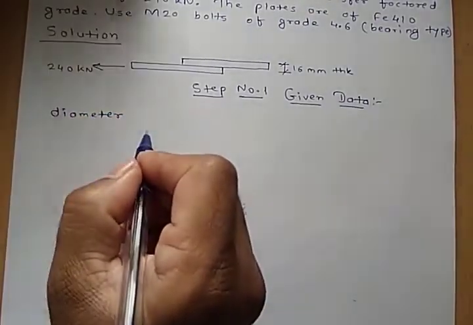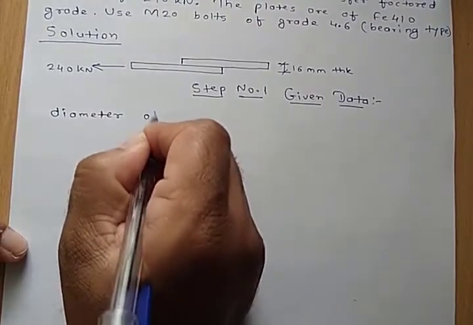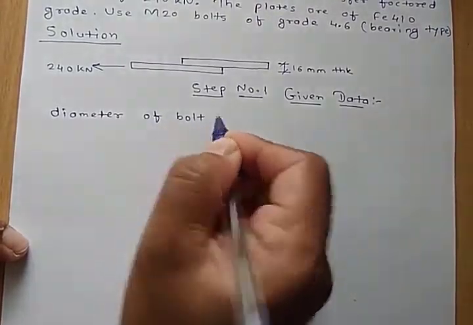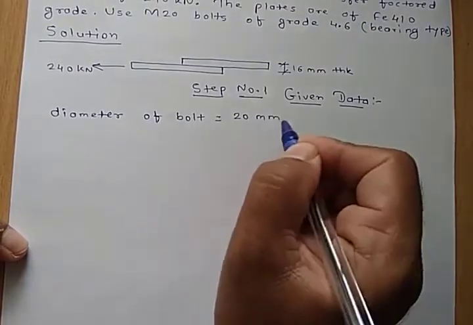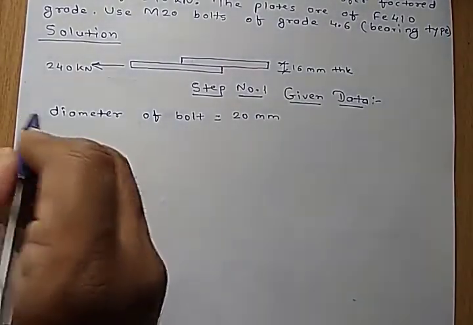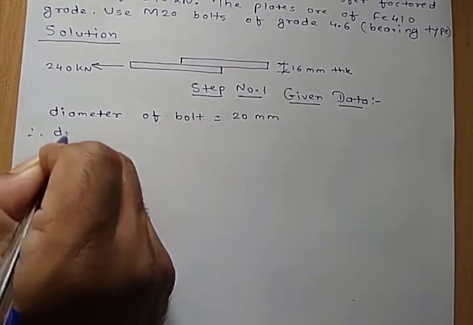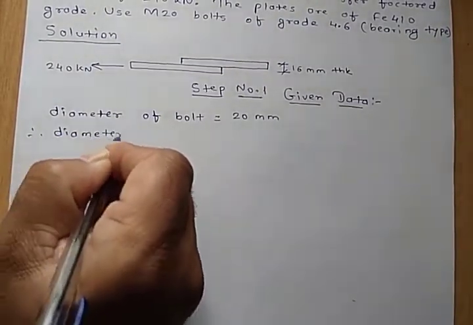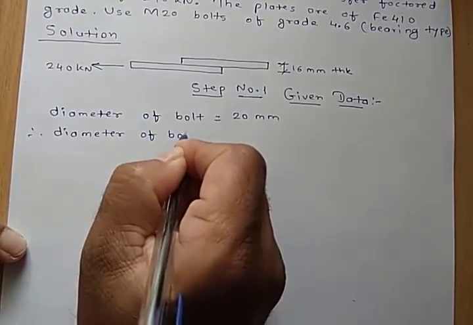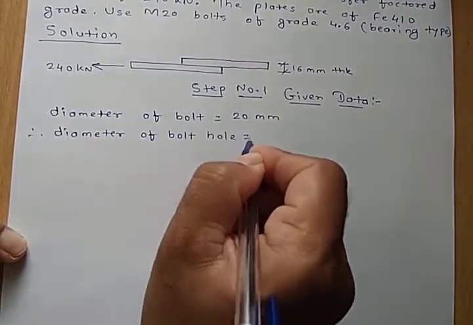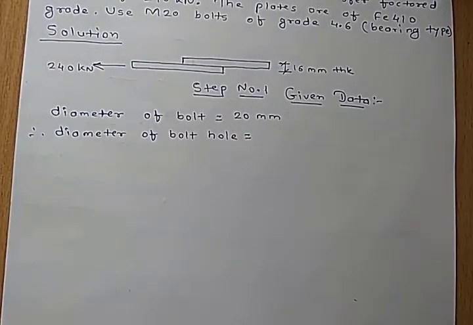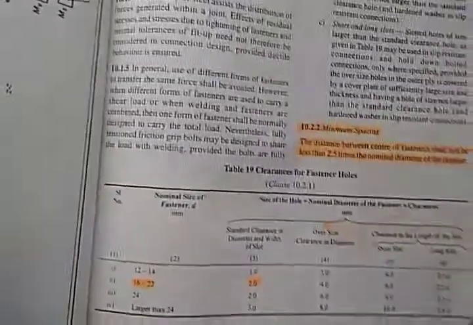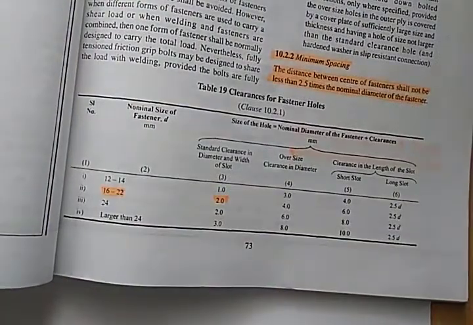For nominal size of fastener 16 to 22 mm, it gives the standard clearance in diameter. The size of the hole is the nominal diameter of the fastener plus clearance. From Table 19, page number 73, you get here 2 mm.